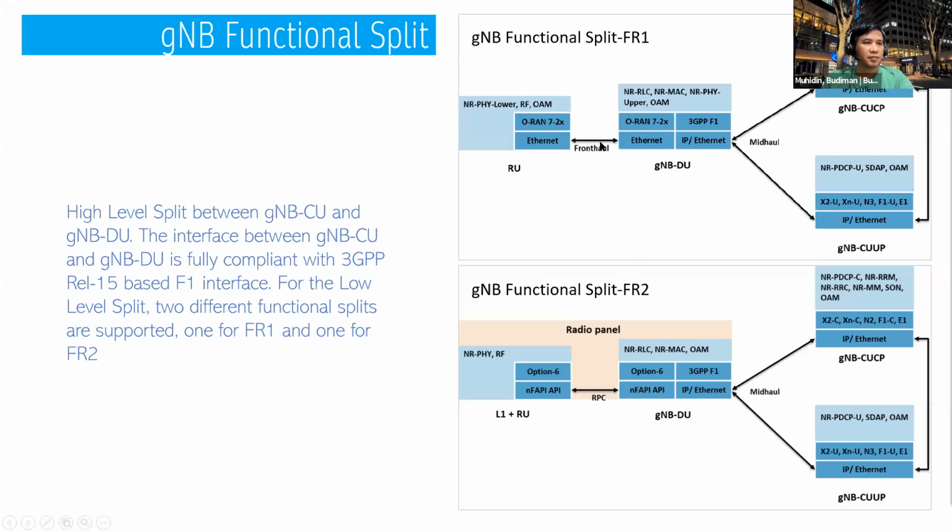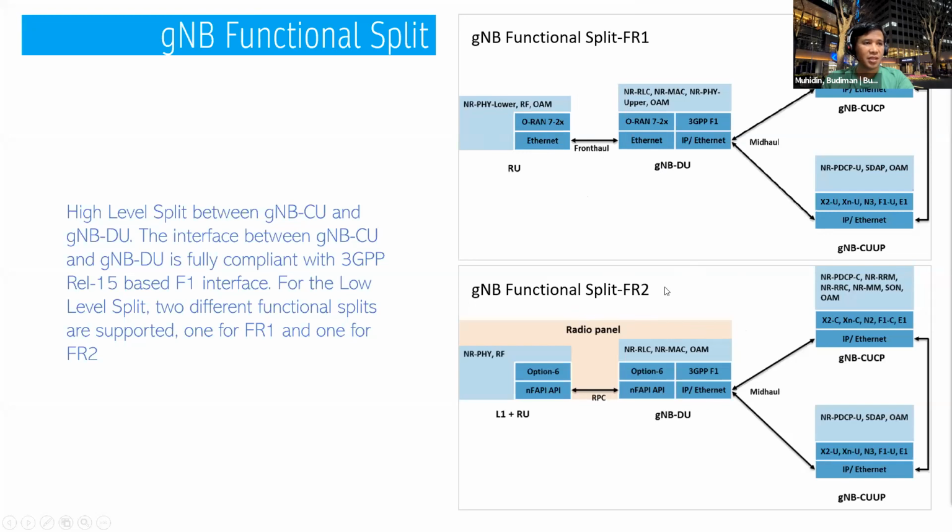Because in sub-6 we have different hardware between RU and DU, they are separated. The lower block is the gNodeB functionality for frequency 2.